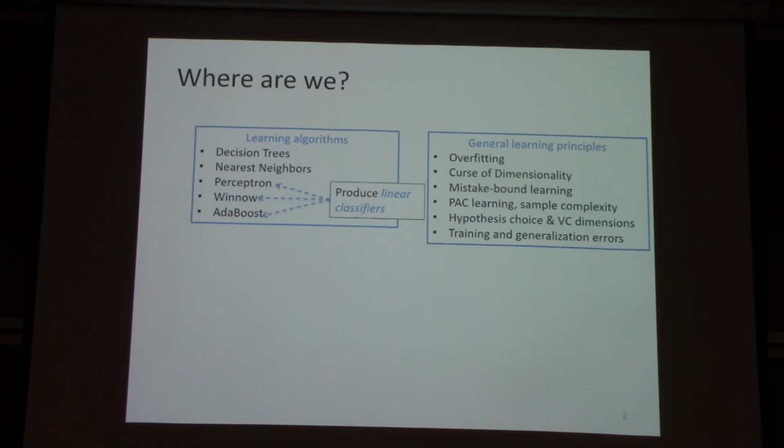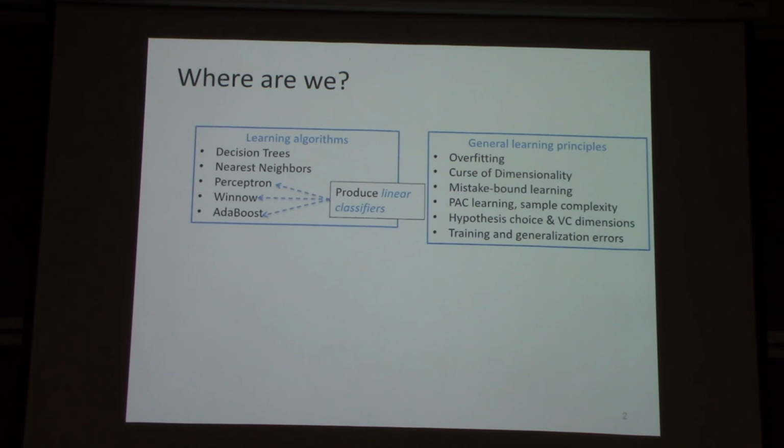Perceptrons, winnows, and AdaBoost produce linear classifiers. We've seen general ideas in machine learning. Again, this is an old slide, we've not seen the curse of dimensionality yet, but we've seen the idea of overfitting. We've asked ourselves, what does it mean to learn? One answer was that learning means the learner stops making mistakes, and that gives you mistake-bound learning.